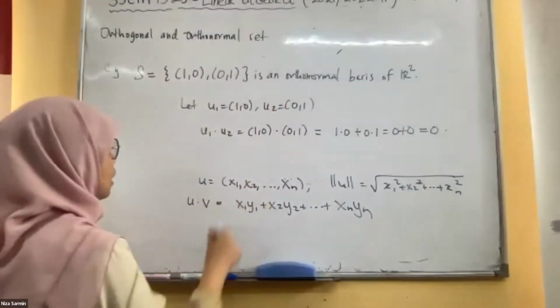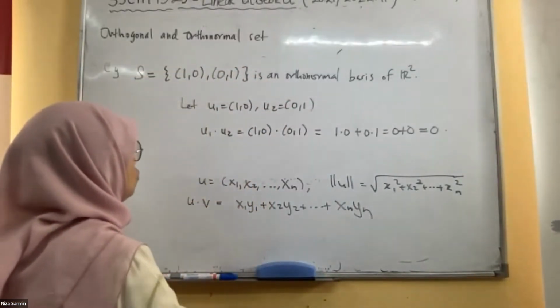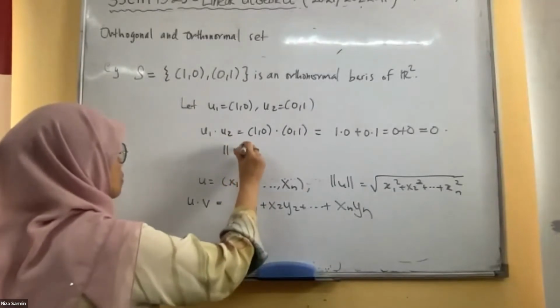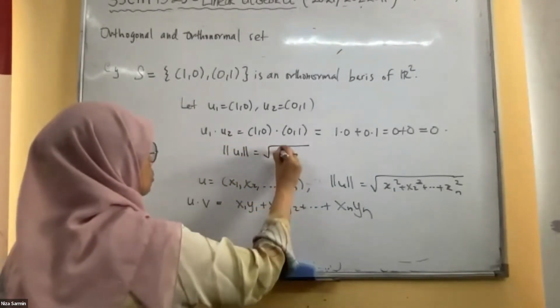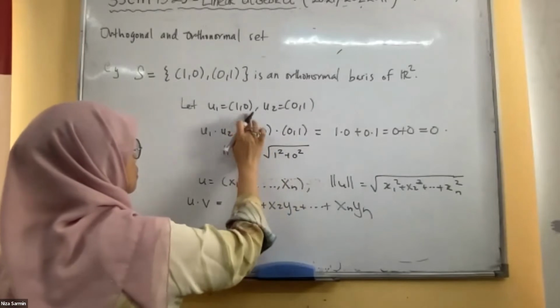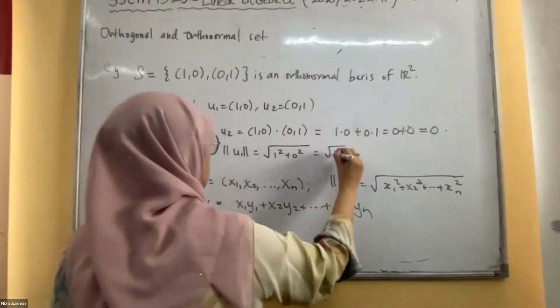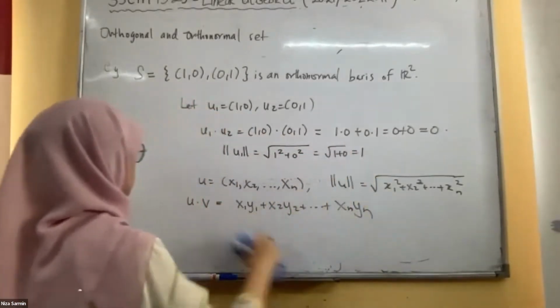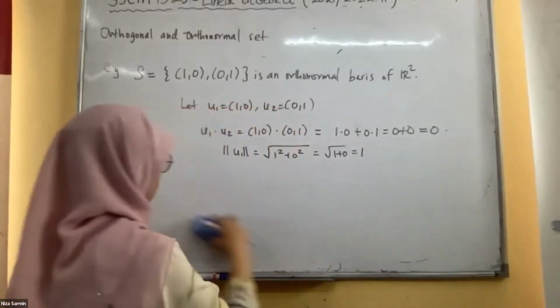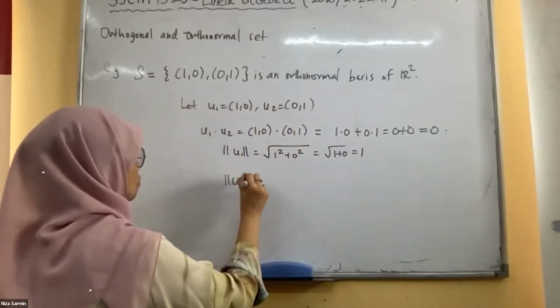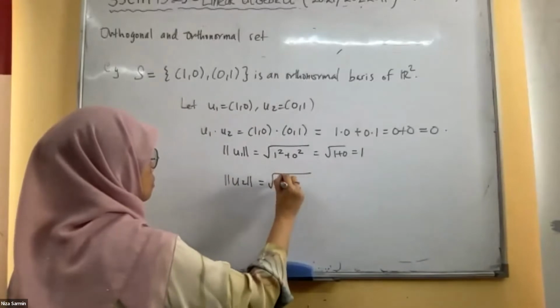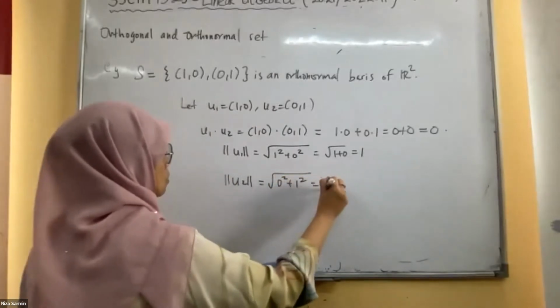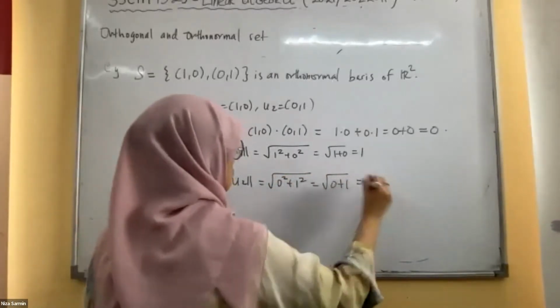And you check for u1. The norm is the square root of 1 squared plus 0 squared, right? Which is 1 plus 0, which is 1. Then you have to check for u2: 0 squared plus 1 squared, 0 plus 1 is 1.